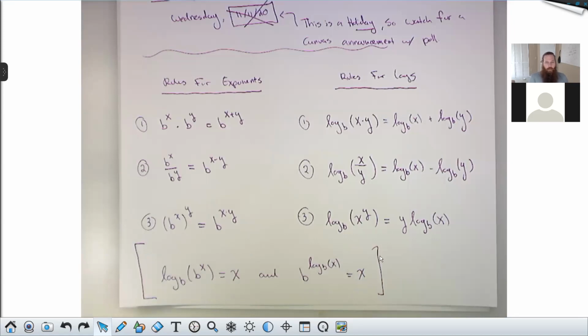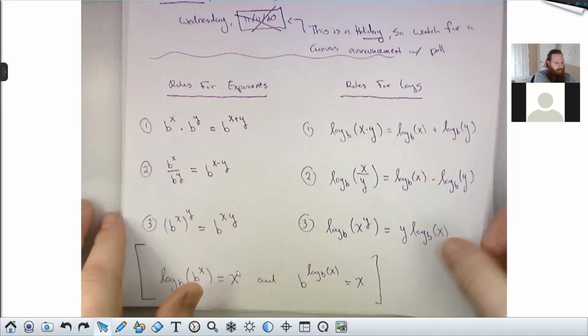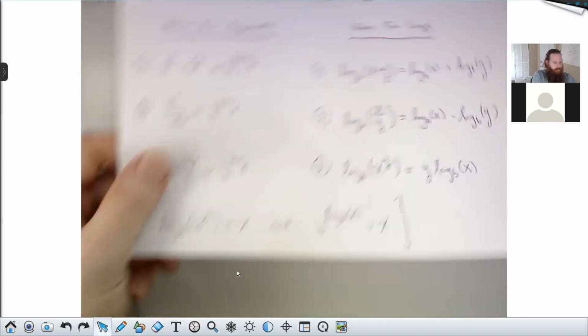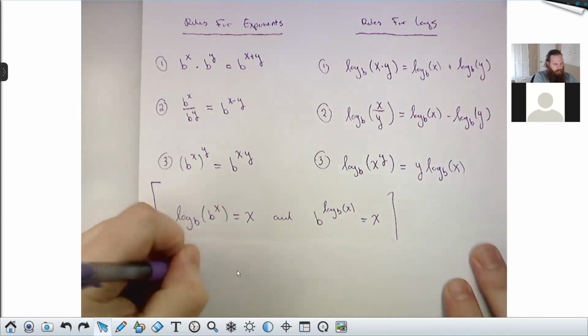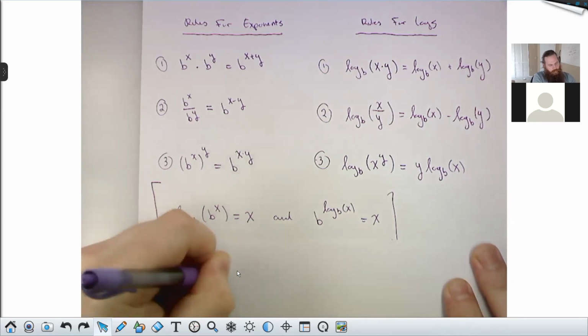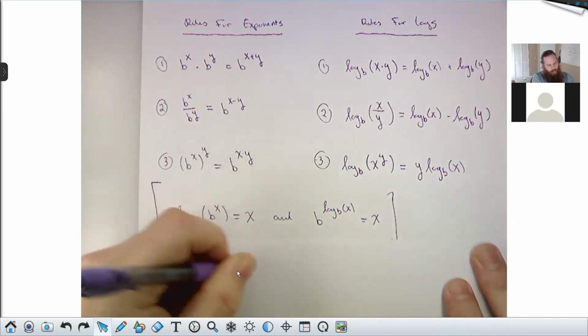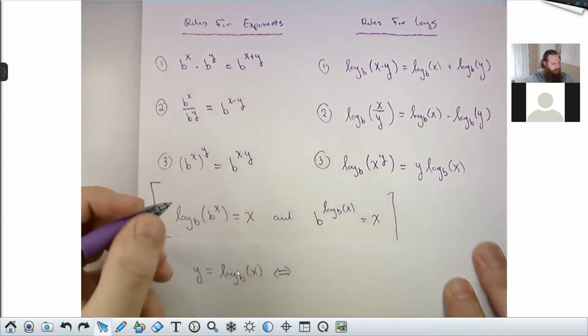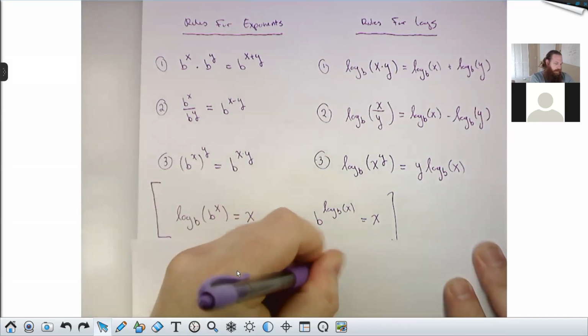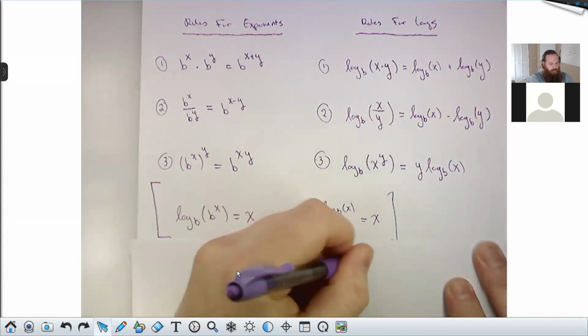And then we had that third form, which was equivalent to these: y is equal to the base b log of x is equivalent to saying that b to the y is equal to x.